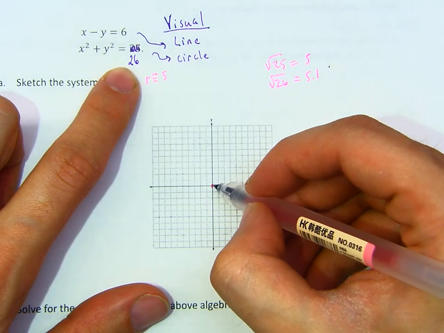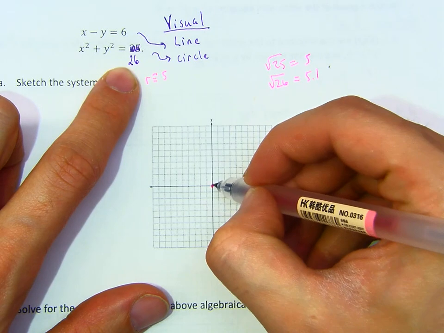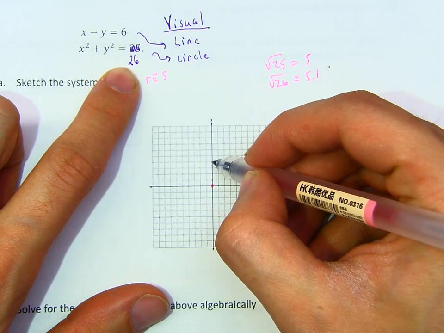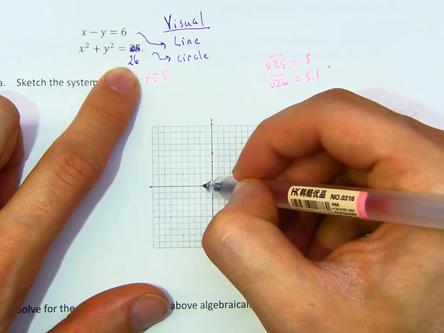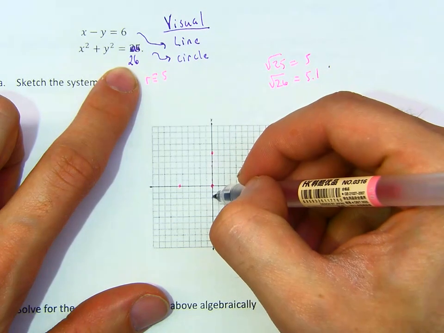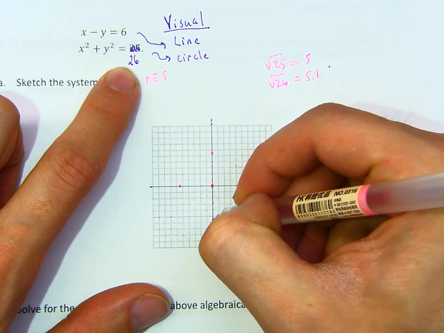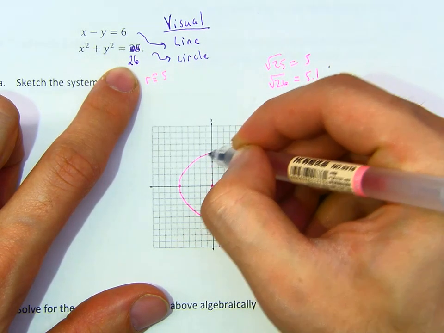So here, we'll just go 1, 2, 3, 4, 5. Oh, I'm sorry, a little bit above 5. So it should be like here. 1, 2, 3, 4, 5, and a little bit above, and 3, 4, 5 here. Okay. So this is your circle.